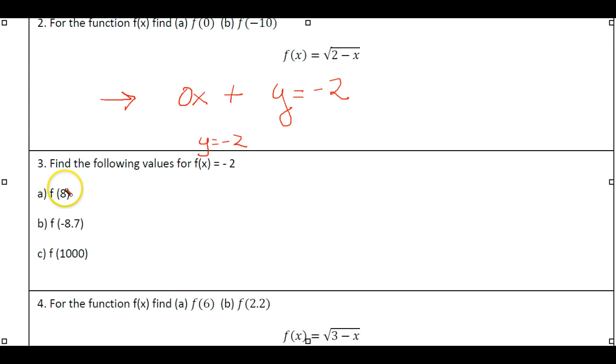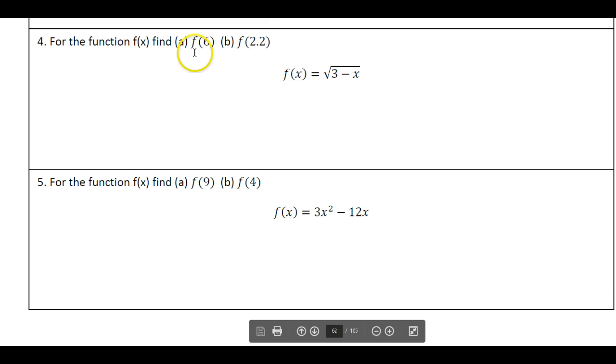So whatever value for x that you're going to put in there, and they're saying these values, it's always going to be that y equals -2. So for each of these would be a -2. This one's a little tricky.